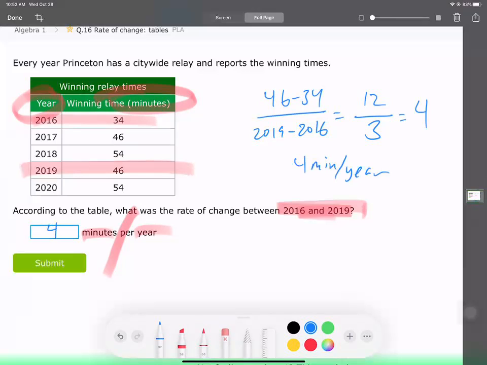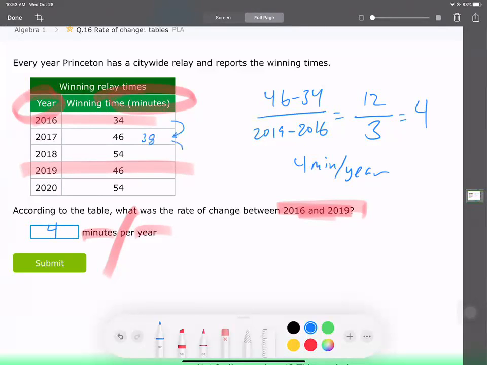Now, I want to show you guys how does this really work out? This is what we call the average rate of change, meaning, sure, it's not going to be 4 every single year, but over 3 years, it's 4 minutes per year. Let me show you. From 34, after the next year, this should have been 38.